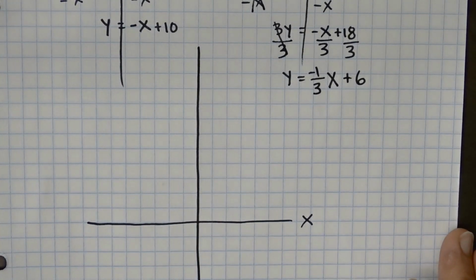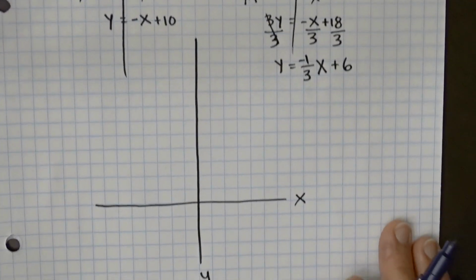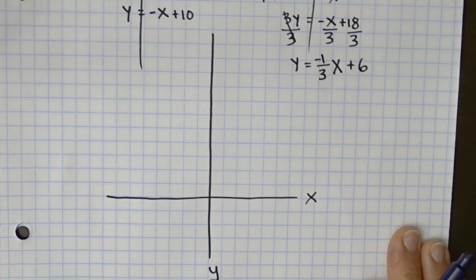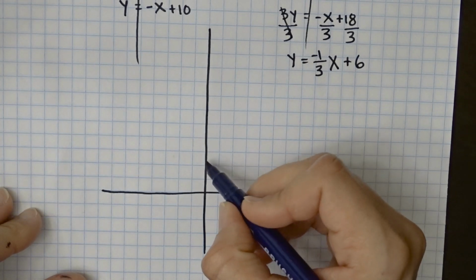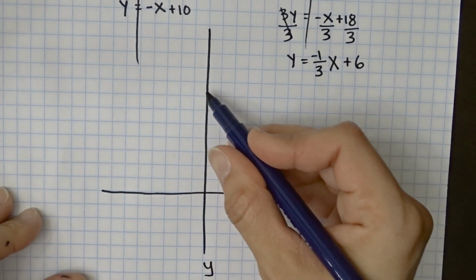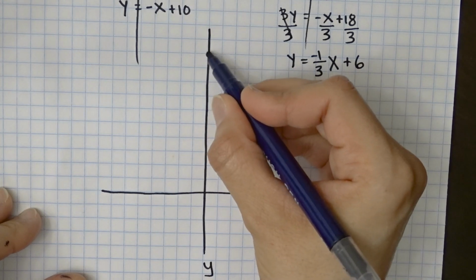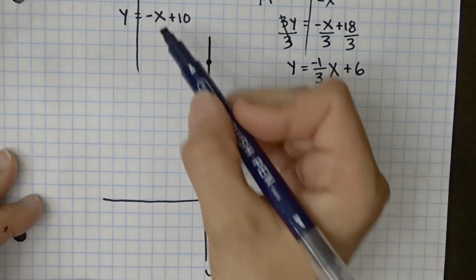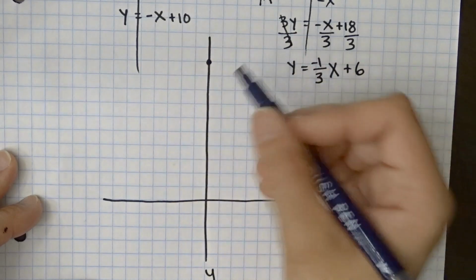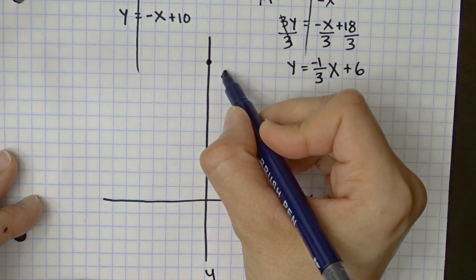All right, so graphing the first one first, y-intercept is 10. 1, 2, 3, 4, 5, 6, 7, 8, 9, 10. My slope is negative 1 over 1. So there's an invisible 1 here. So I'm going to go down 1 over 1.